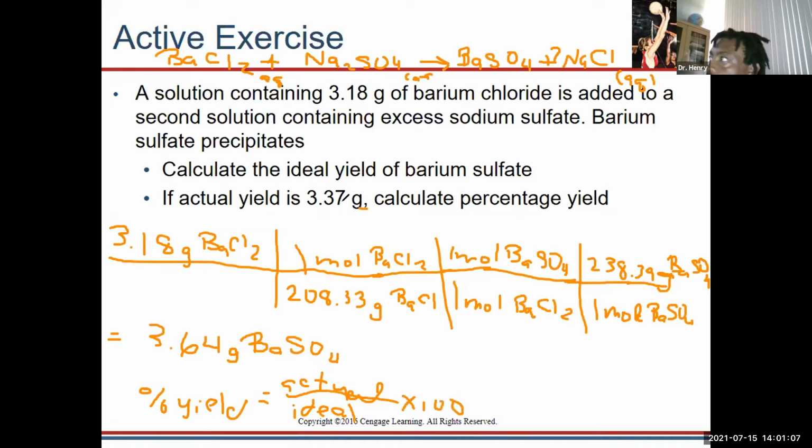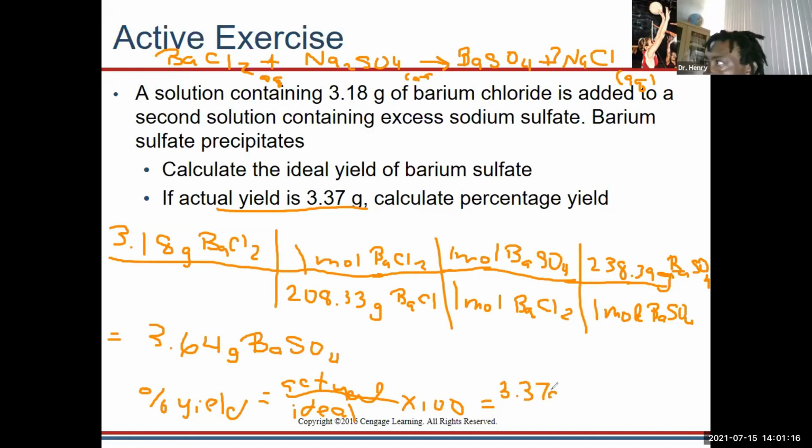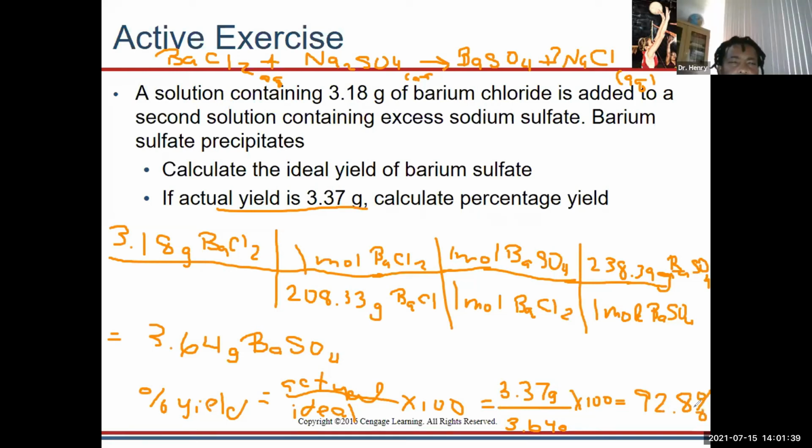The problem gives us our actual yield, so then we just plug that in: 3.37 over 3.64 times 100. And that equals 92.8 percent, is that right? That's right. Okay, does that make sense?